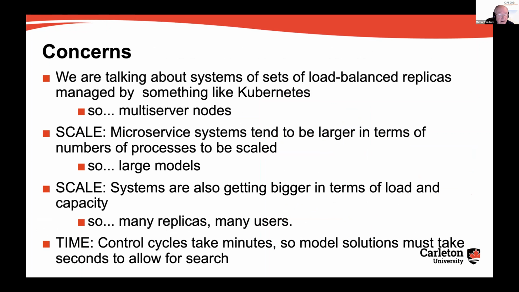So we're talking about particularly microservice systems in which each service is a set of load balanced replicas, which makes it a multi-server. Microservice systems tend to be quite large, dozens, sometimes up to 100 is not uncommon in terms of the number of separate services, that is separate multi-servers in the model.